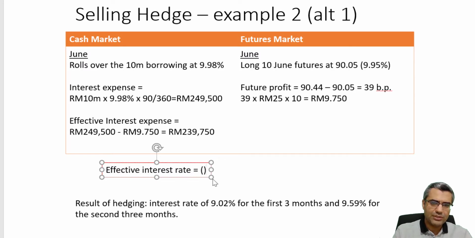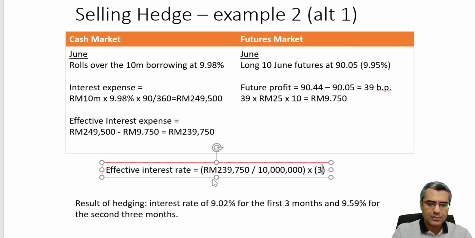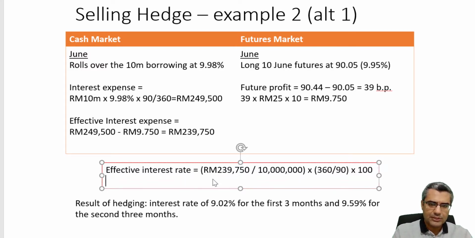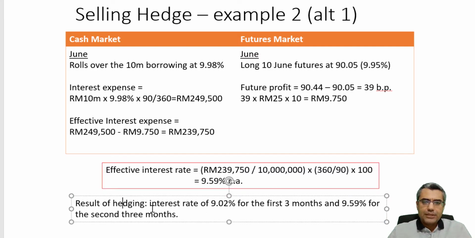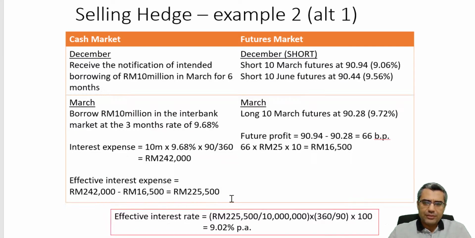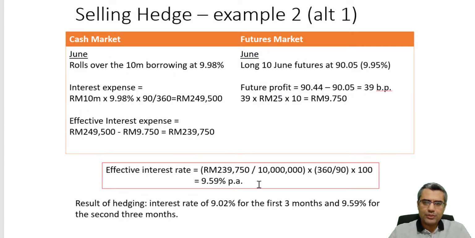Now let's compute the effective interest rate. So divide by 10 million, then multiply by 4, because this is a 3-month contract and we adjust it per year, and then I want to report in percentage. This means that the effective interest rate for the second 3-month cycle is 9.59% per year. So the interest rate for the first cycle is 9.02, for the second cycle is 9.59.